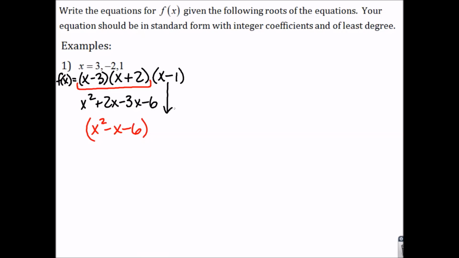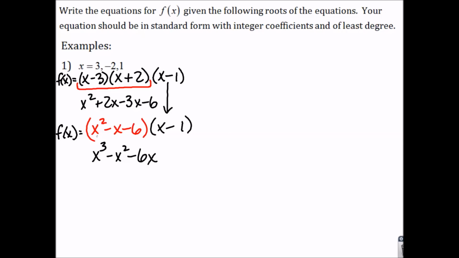Then I'm going to bring down the other factor. Now I'm going to double distribute again. So I'm going to multiply each of these by x and then each of these terms by negative 1. So first I have x squared times x, then I have negative x times x, negative 6 times x.